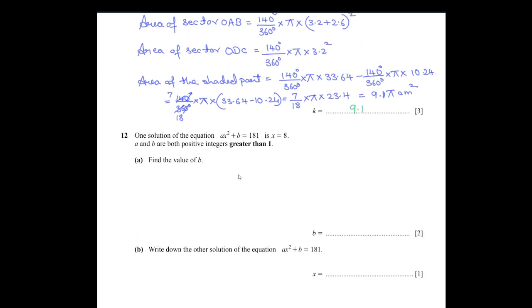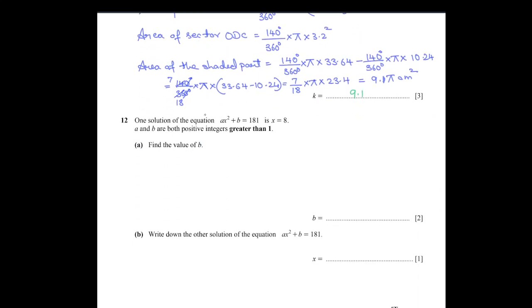Question number 12. One solution of the equation ax square plus b is equal to 181 is x is equal to 8. A and b are both positive integers greater than 1. So we need to find the value of b first for this given condition. So this equation is equal to 181 when x is equal to 8.